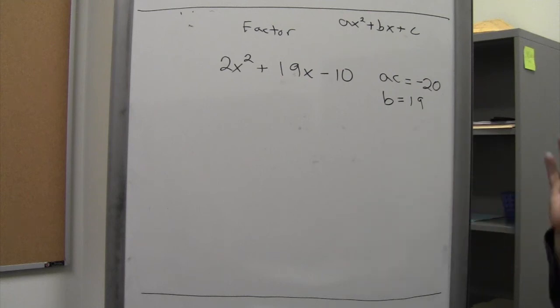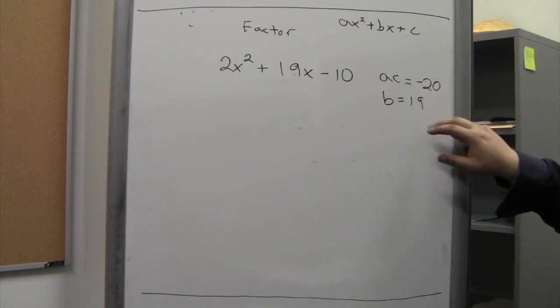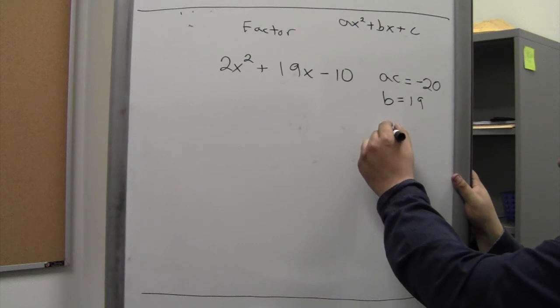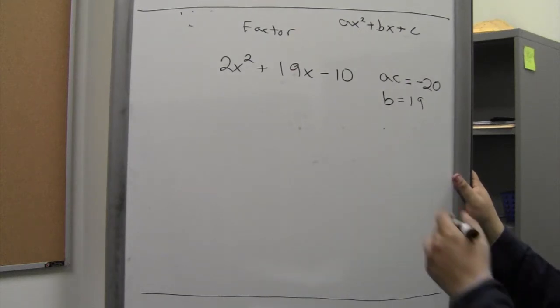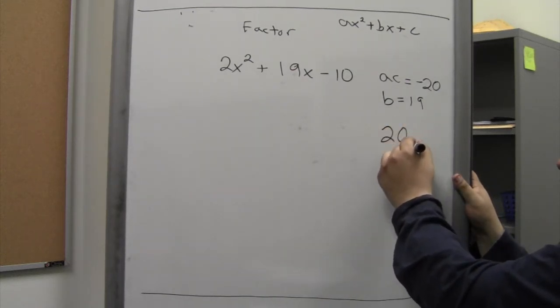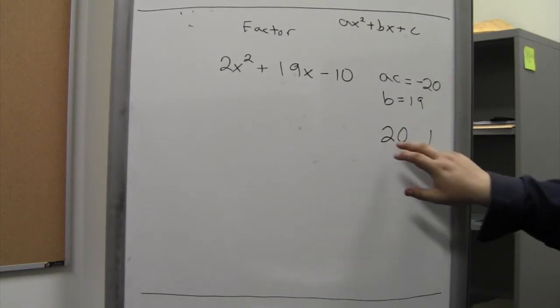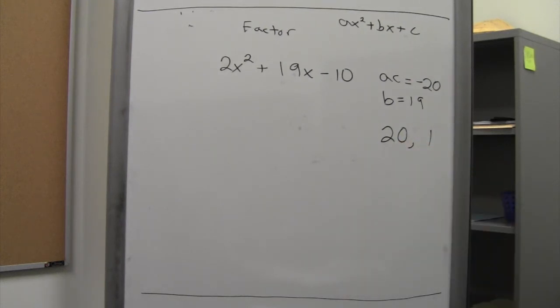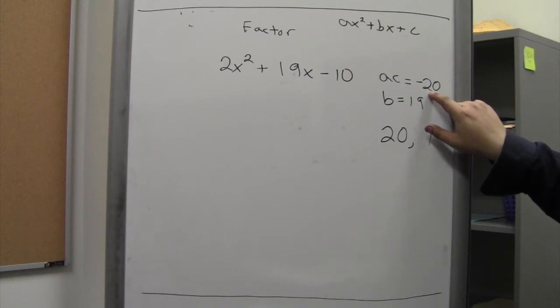We know it's going to be 20 and 1. We know that because we can get 19 from 20 and 1. We just have to figure out which one's negative. One of these has to be negative because we need to get negative 20.